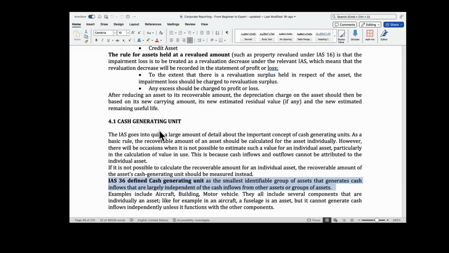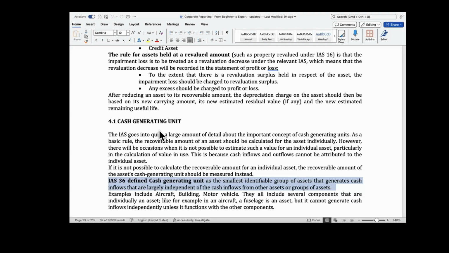Then we also prioritize goodwill next. That's the next one prioritized in allocating this impairment, because if goodwill belongs to a group of assets or to a CGU, and that CGU is impaired, and there is no asset that is damaged, then the next one we suspect is causing impairment to our business.